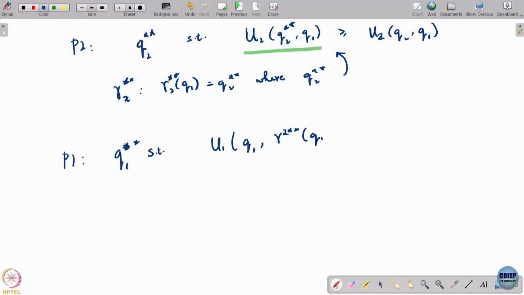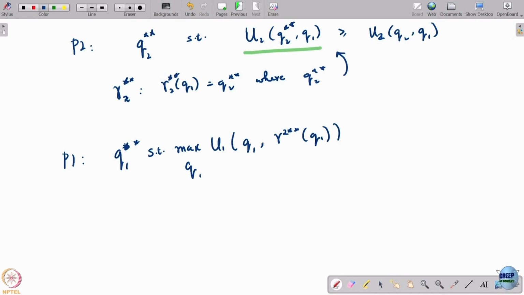So, taking q2 to be equal to gamma 2 star of q1, he maximizes this over q1.